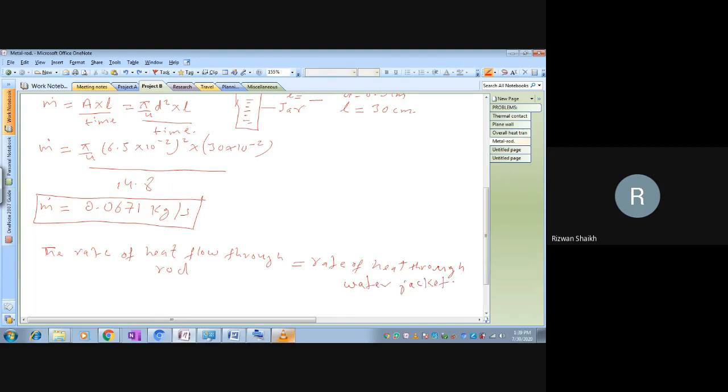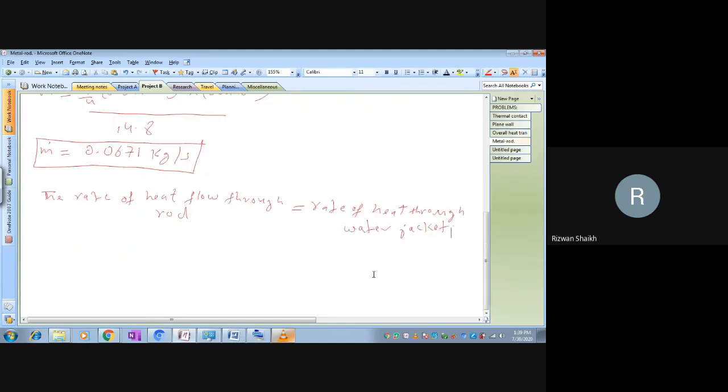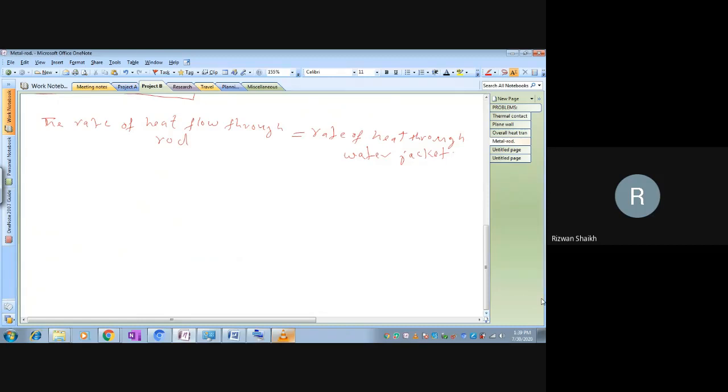Now we can apply the formula in both the cases and get K. For the rate of heat flow through a rod, we can apply Fourier law: Q is equal to K A dT by dx, which is equal to the rate of heat through the water jacket.